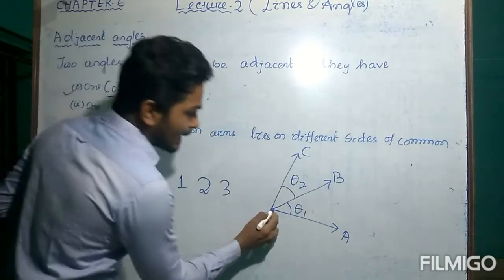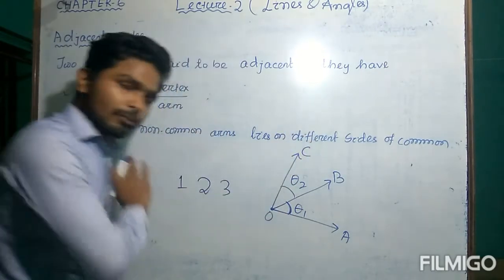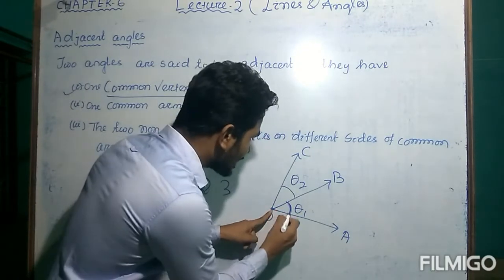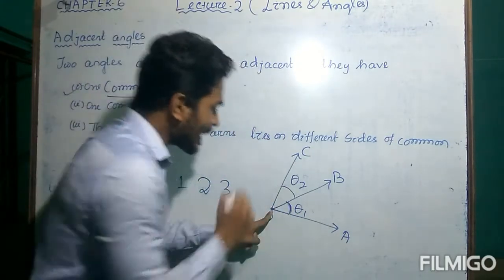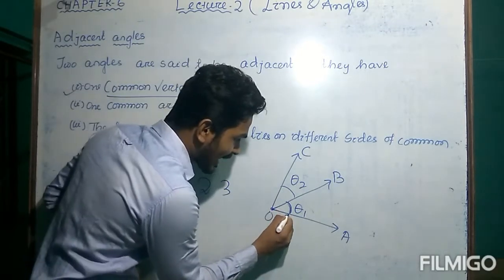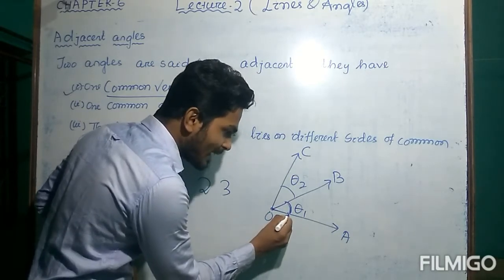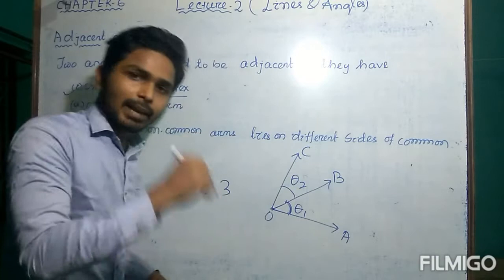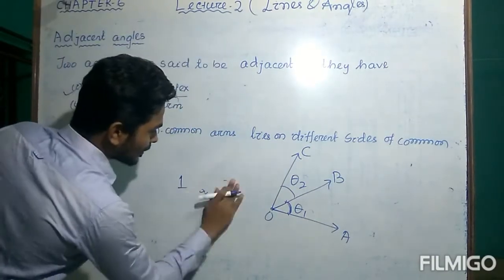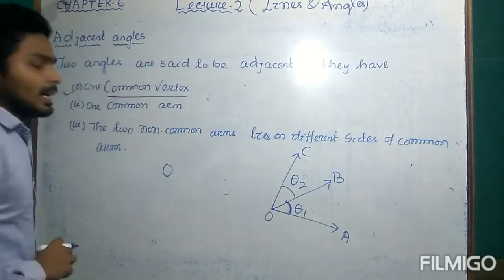Now forget about OC and simply consider the angle theta 1. What is its vertex? The vertex is O, because this angle has two arms, and both arms start from a single origin, known as O.